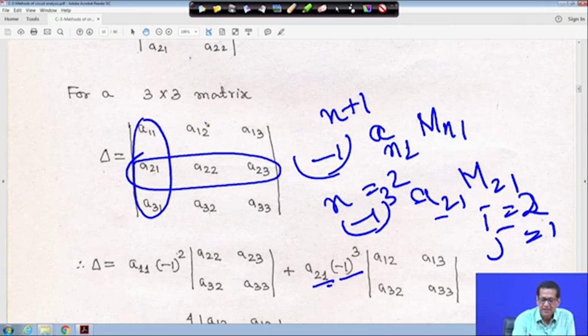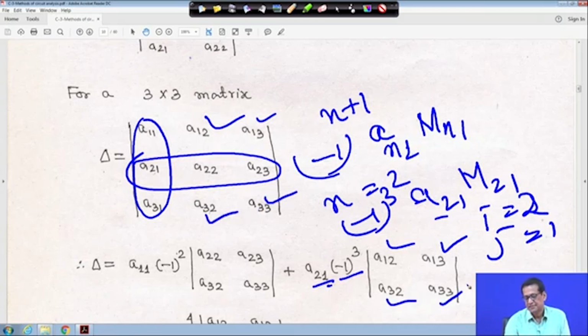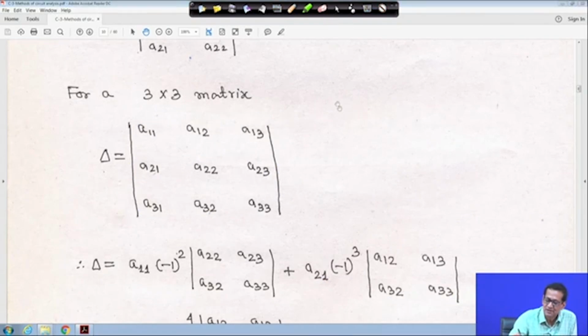So, what will be there? A12, A13 and A32, A33, right. So, this way minors you can easily obtain. I hope these things are understandable to you, right.